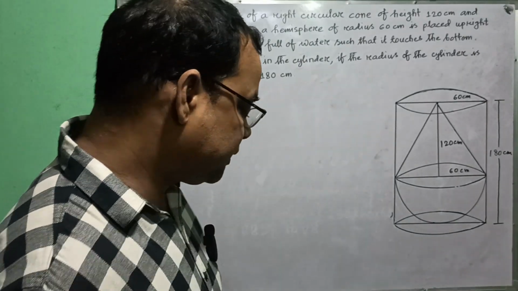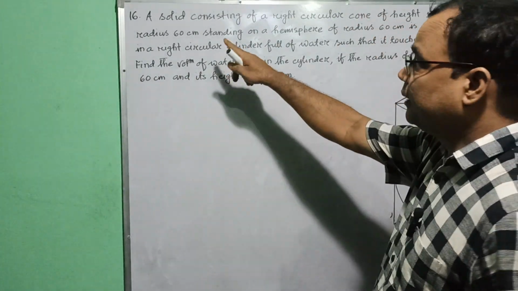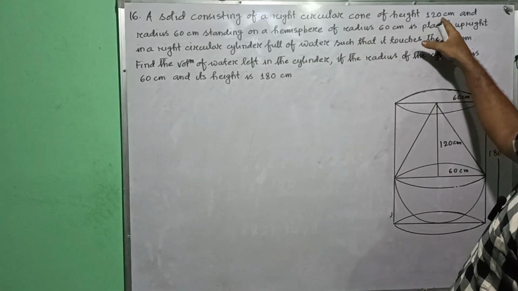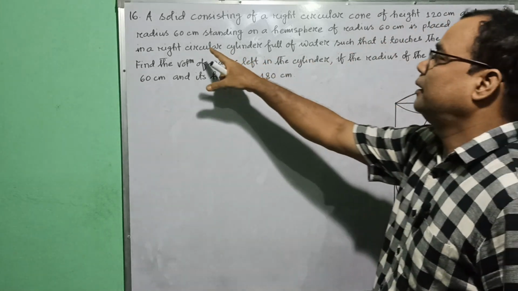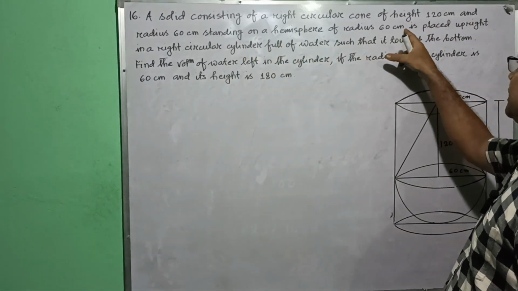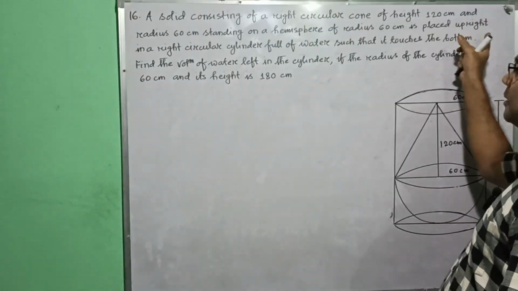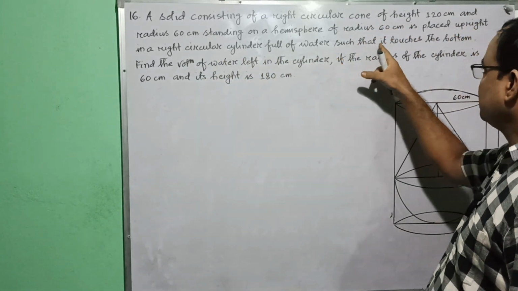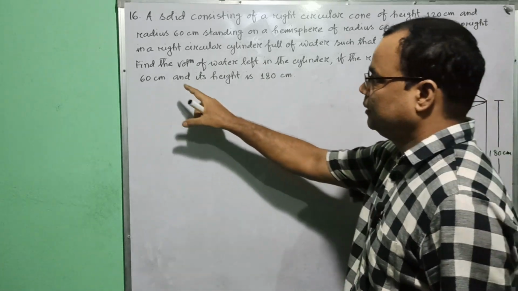In question number 16, it is given that a solid consisting of a right circular cone of height 120 centimeter and radius 60 centimeter standing on a hemisphere of radius 60 centimeter is placed upright in a right circular cylinder full of water such that it touches the bottom.